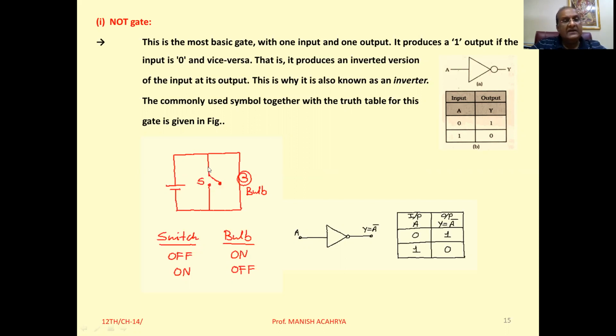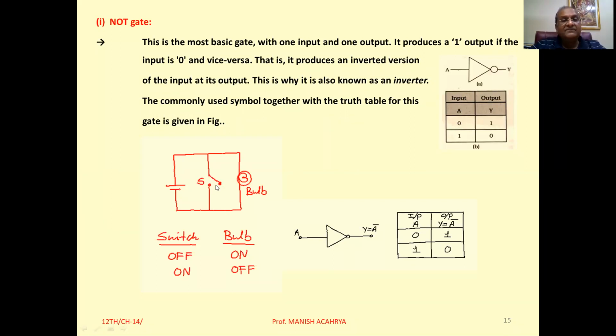It implies that now this is an open circuit. When this is an open circuit, the current from the battery will flow through this particular bulb, and the bulb will glow. So we can say for this electrical circuit, if switch is off, then bulb will be on.